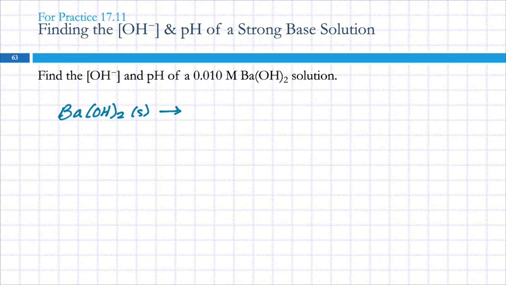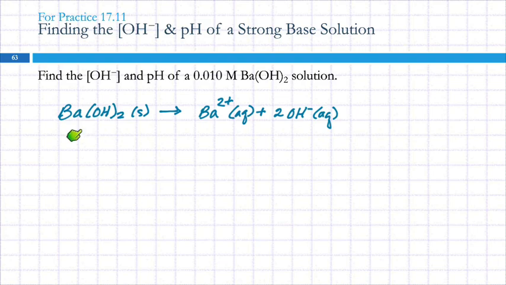It ionizes completely and forms barium ions and hydroxide ions. How many hydroxide ions? Two, because each barium has 2 hydroxide ions.